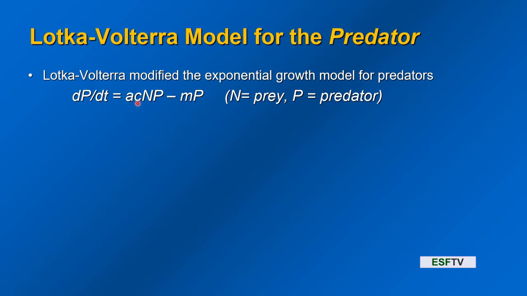So instead of r, we say aC for consumption and assimilation or conversion of prey into predators. m, and I'm going to define all this further in this slide, but m is just the rate of mortality, much like the rN used to be the rate of intrinsic growth. mP is the rate of intrinsic death for the predator. So you're subtracting predators at this end, you're adding predators at this end for the predator model.